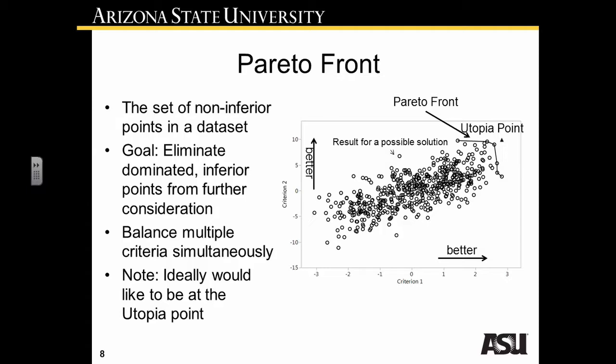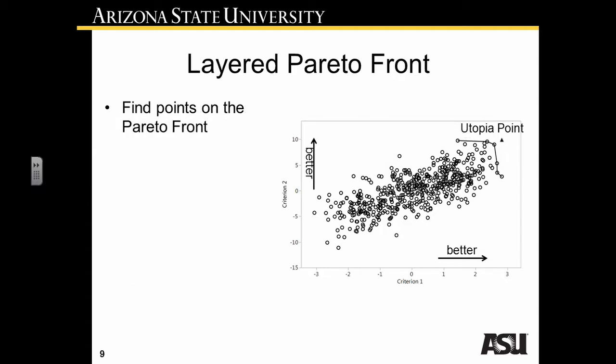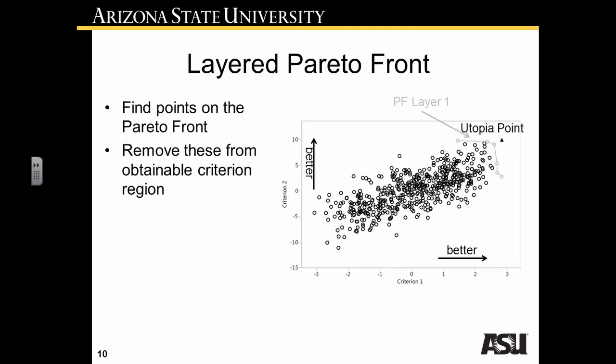To find a layered Pareto front, we first find the points on the first Pareto front. This is the same example we saw before. We find the set of dominant points in our data set and label these as layer 1 solutions. Then we set these aside, remove them from the obtainable criterion region, and look for the next set of dominant solutions in the remaining set of points.